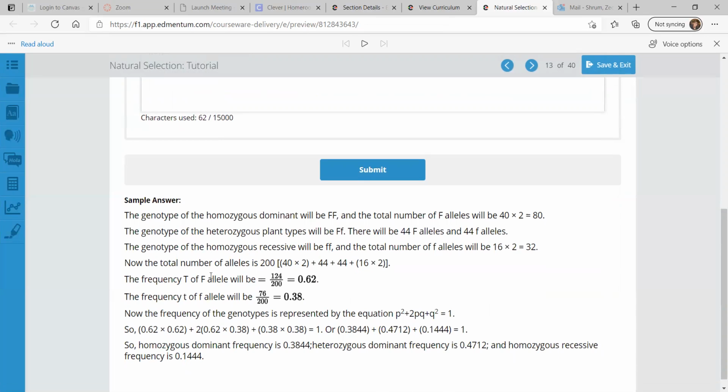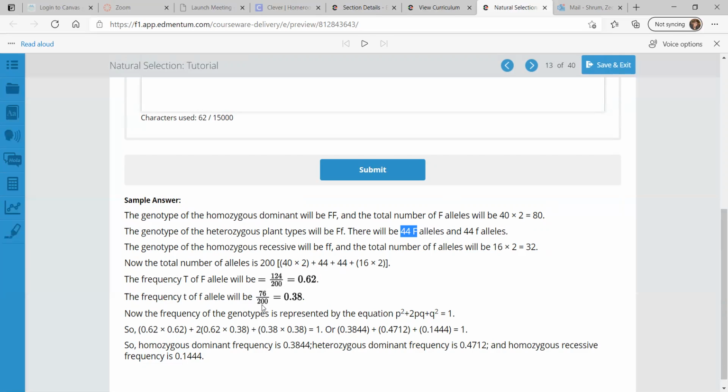Now the frequency is the number of the allele divided by the total number of alleles. If we're looking at just the dominant allele, we have 124. We get that by adding up 80 and 44. So that's 124 over 200, and that gives us 0.62 frequency. The frequency of the recessive allele will be 76, and 76 is from 44 plus 32.